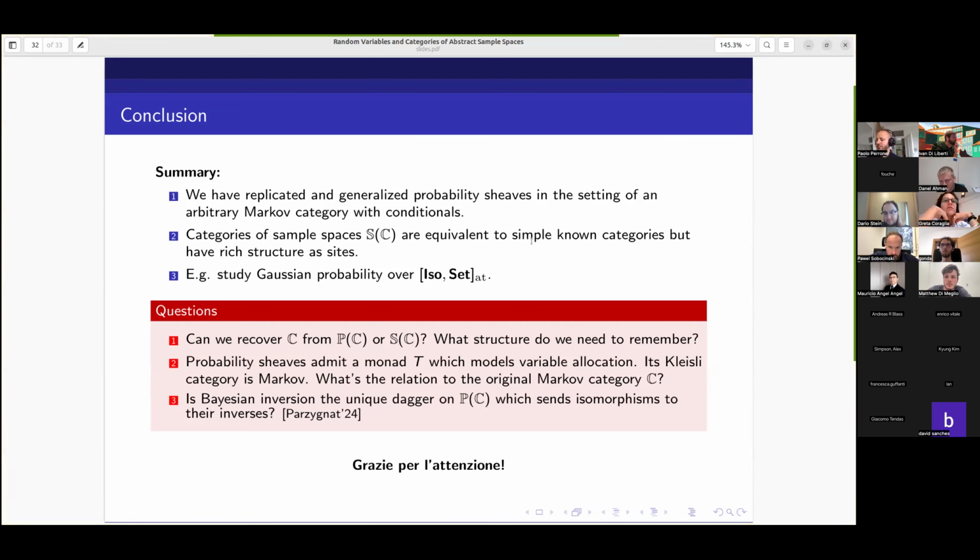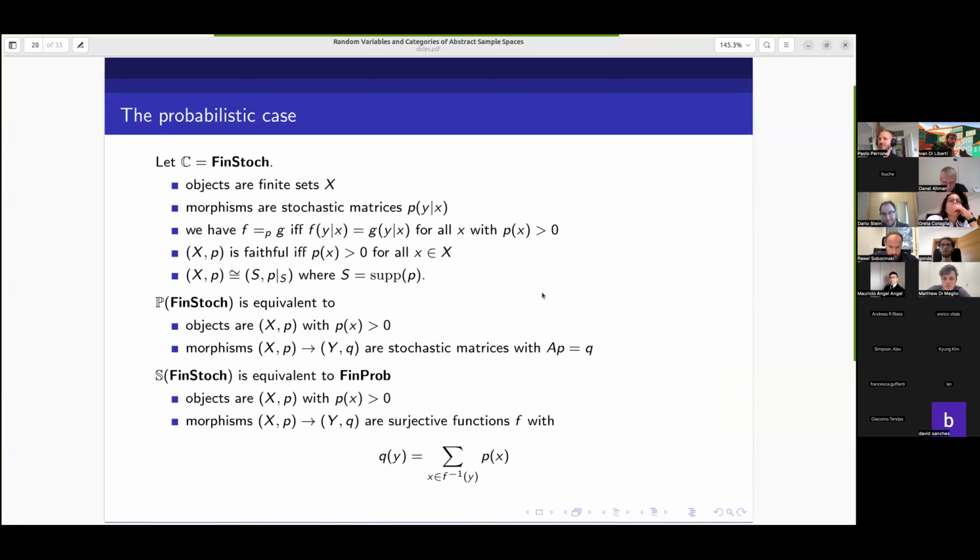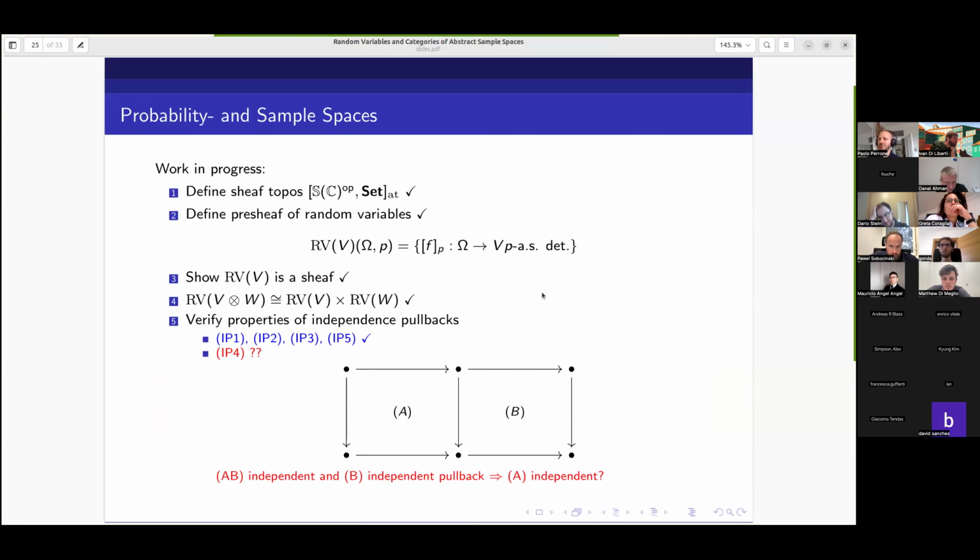I have a question. It will sound like a comment, but I promise it's a question. The failure of your IP4, I think it was, probably it's true, but you don't know, it's still open. So clearly this is true for pullbacks because cancellativity is true for pullbacks, but for a specific reason: they are morphisms in the arrow category of your ambient category that also have a universal property.